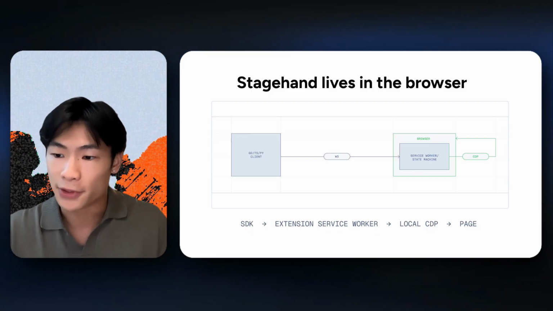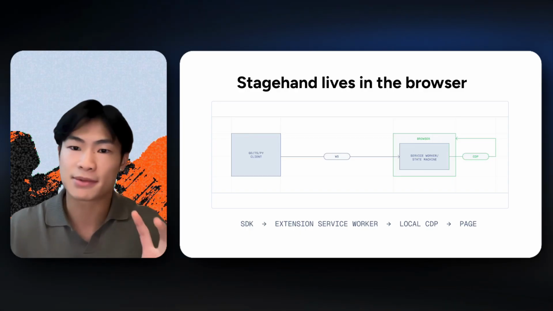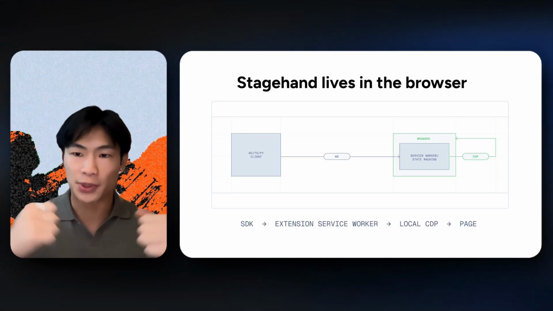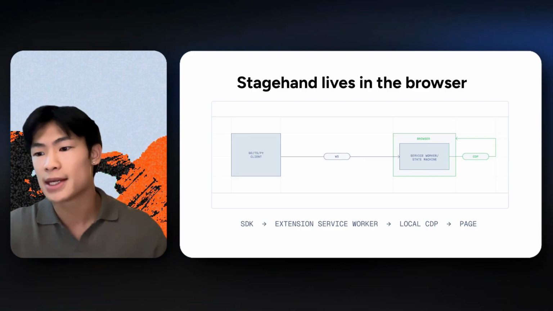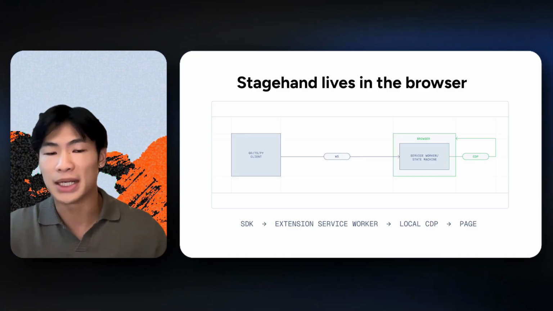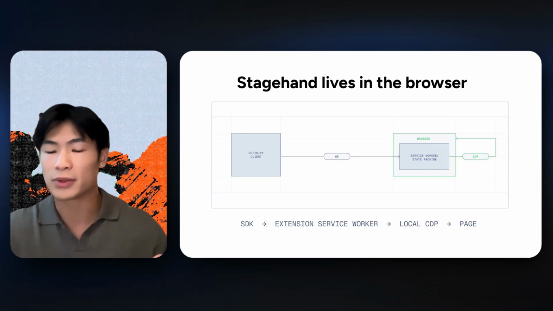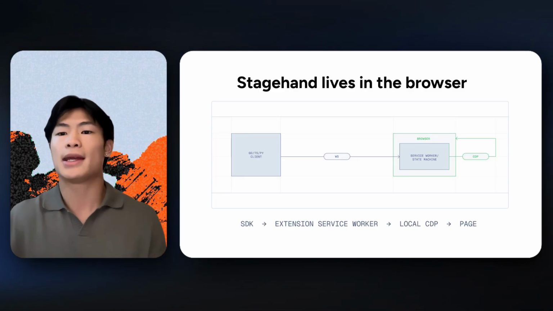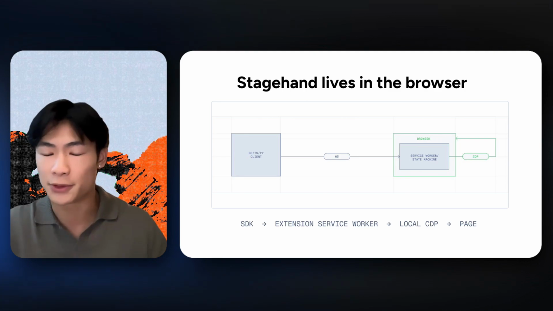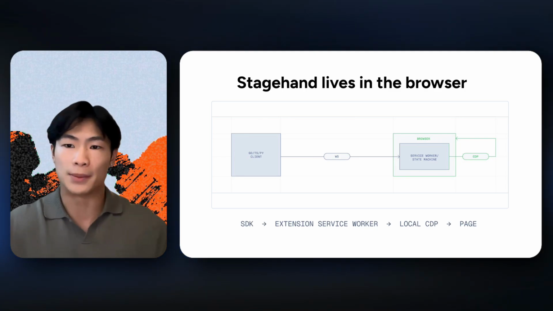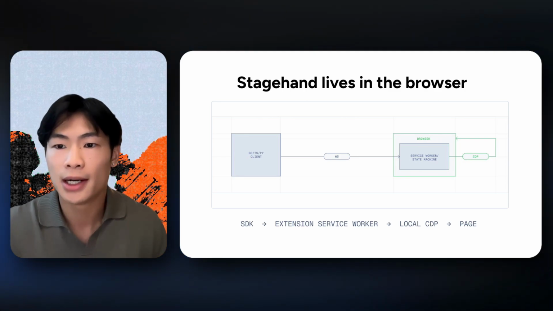The first two iterations of Stagehand were a superset of Playwright, built on top of the Playwright primitives. But in the recent versions V3 and V4, we've completely migrated off of Playwright and written our own CDP driver. CDP being Chrome DevTools protocol, the way that we're able to communicate and talk to the browser.